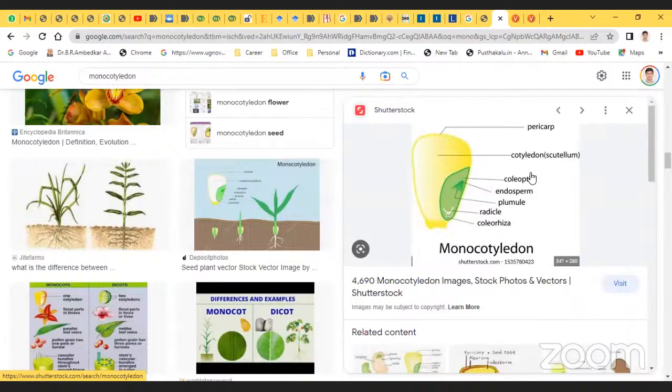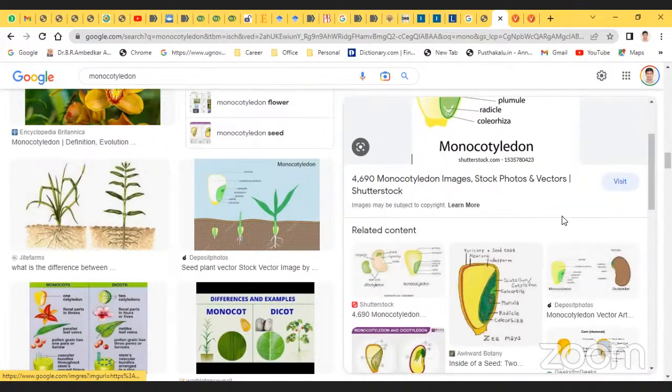The monocotyledon consists of the pericarp. The yellow space is the cotyledon. Coleoptile. This is the endosperm. It is the plumule. This is the radicle, coleorhiza. Okay, these are the monocotyledons, right?